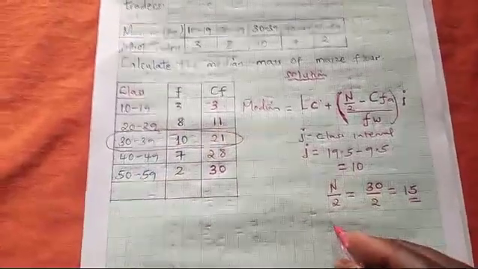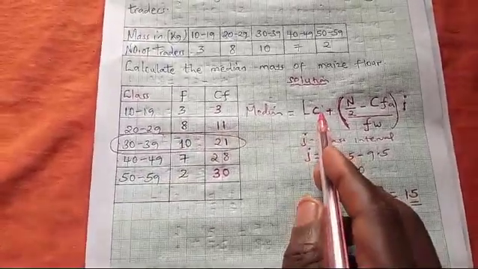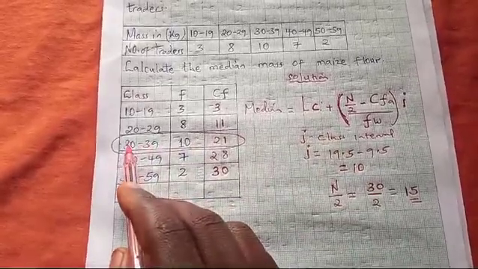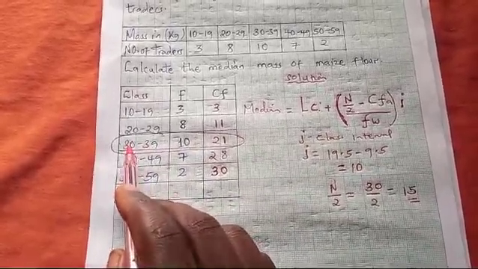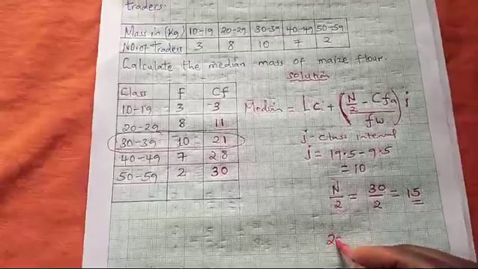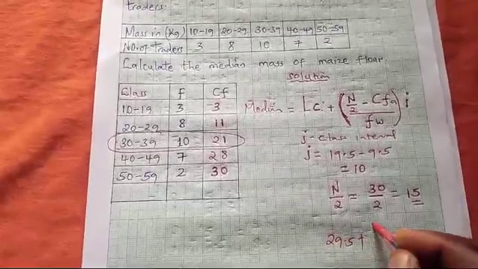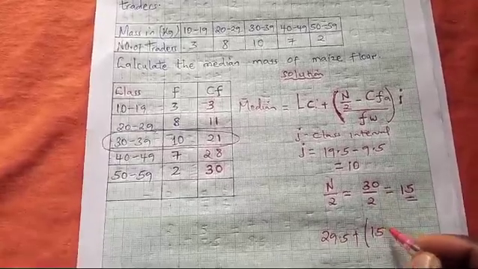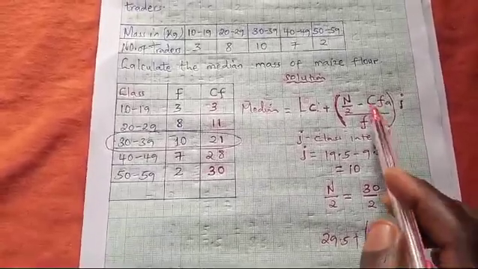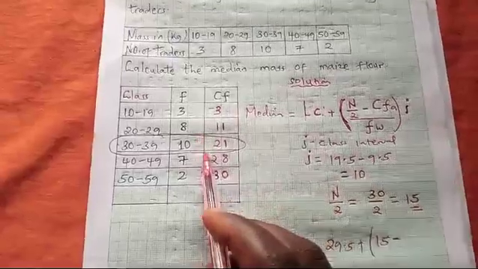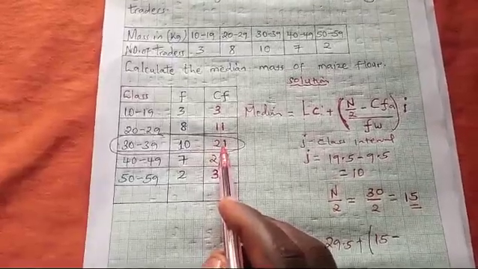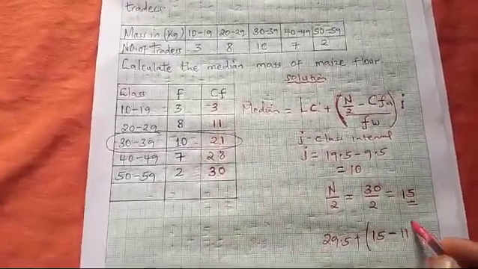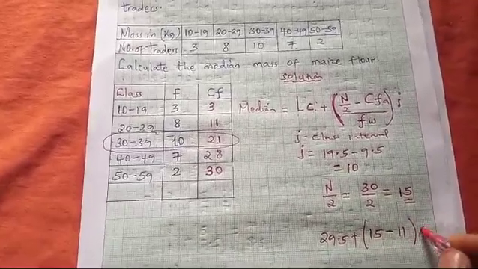So our lower class limit is the lower limit of 30, which is in fact 29.5, plus our n over 2, which is 15. We take away the cumulative frequency above, which is 11. We already have our interval as 10.